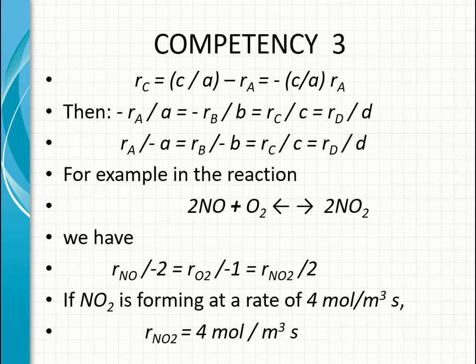If NO2 is formed at a rate of 4 moles per cubic meter second, then the rate of NO2 is equal to 4 moles per cubic meter second.